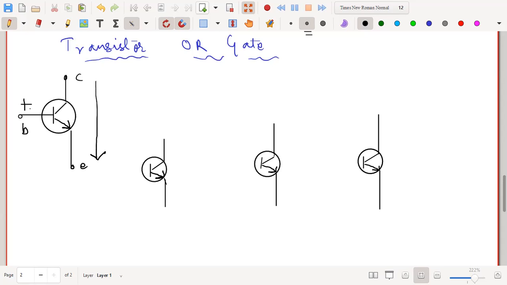The reverse will happen for a PNP transistor. You need to trigger the base with negative voltage. However, in this particular case, we are considering an NPN transistor. So therefore, the current can flow from the collector to the emitter only when you trigger the base with a positive voltage. So let us just remember this one, and on the basis of this one, we'll try to understand the transistor OR gate.